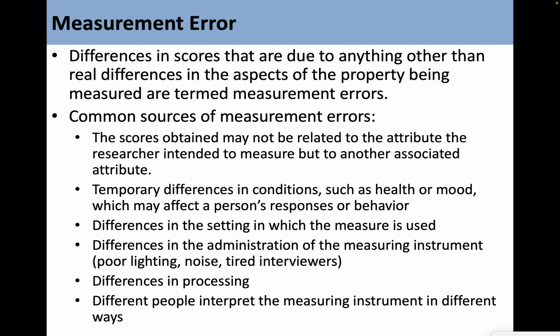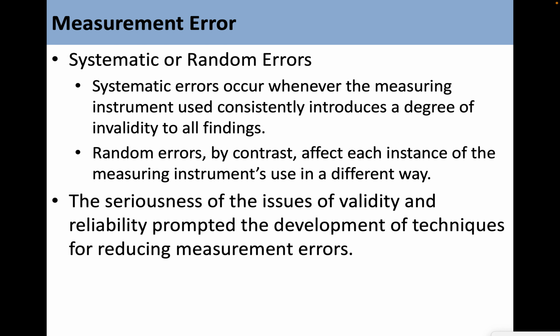Okay, differences in the setting in which the measure is used, differences in the administration of the measurement instrument, poor lighting, noise, tired interviewers, differences in processing, different people interpret the measuring instrument in different ways, and of course that can always be a problem. Different ideas. Systematic or random errors.